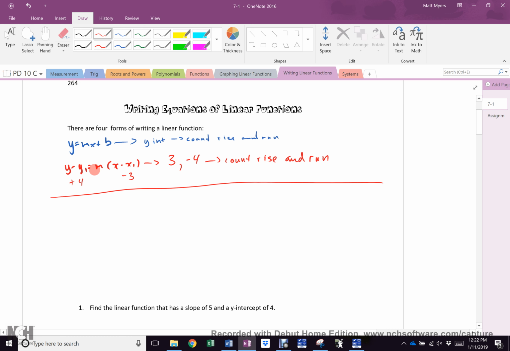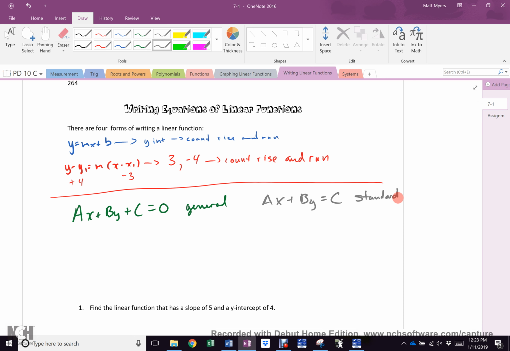Is everybody cool? Okay. Now there's the other 2 forms that we use more because these lock us into certain ways of thinking. General and standard form do not. General and standard form are ax + by + c = 0. That's general, yes sir. And ax + by = c, that's standard. And the reason we like them is because they're tidy. There's no fractions.